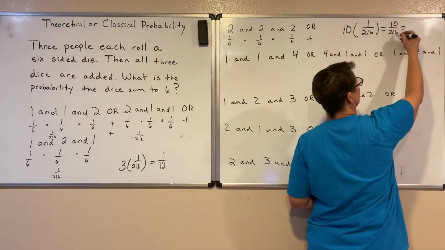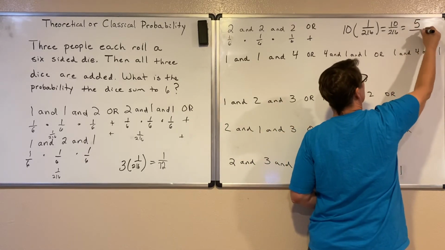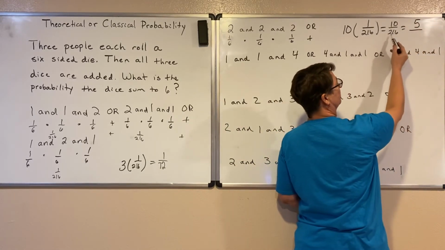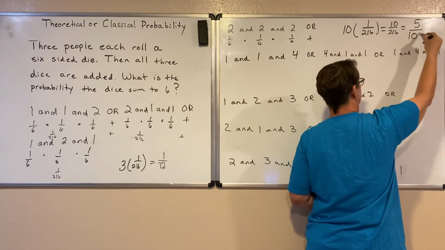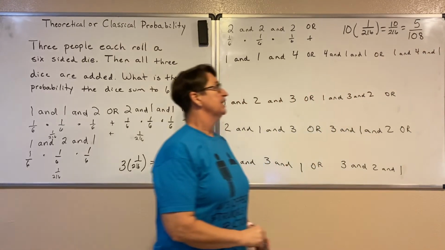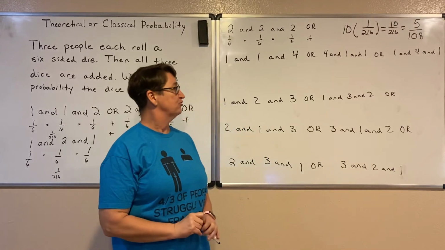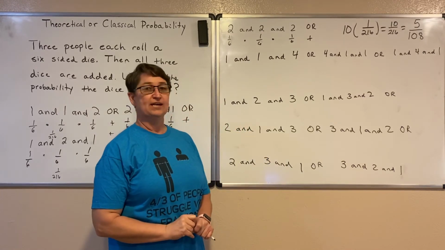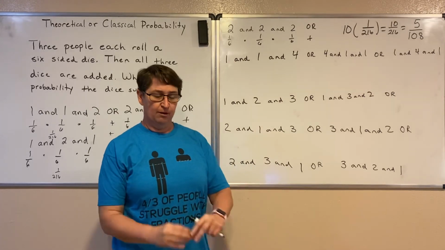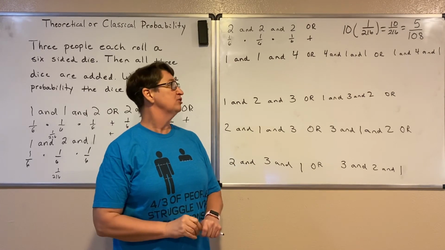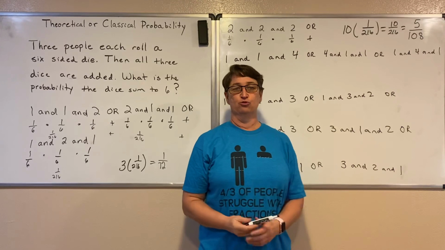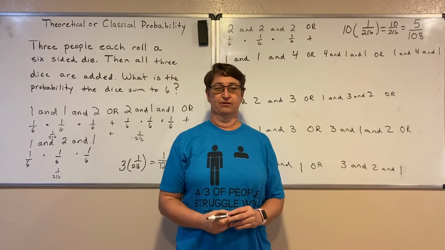So 2 goes into the top and into the bottom. So the probability that we get a sum of 6 is 5 over 108. So out of every 108 times that our 3 people roll their dice, we would expect 5 of those to be a sum of 6.